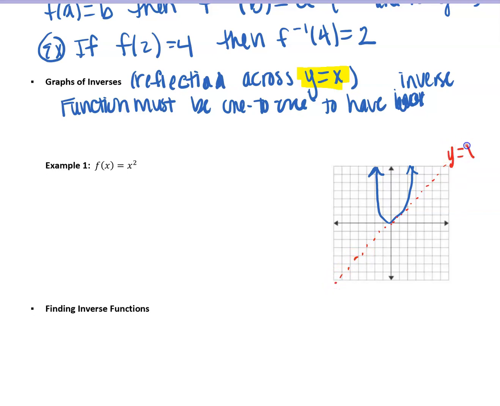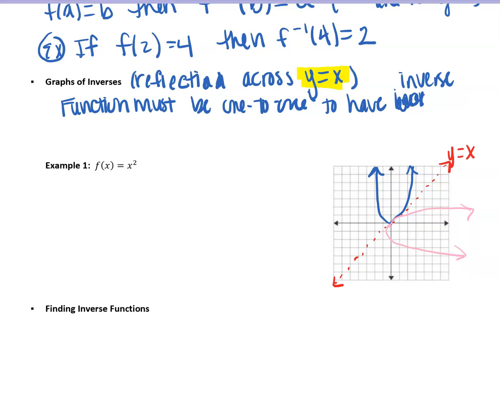Here's y equals x. Again, those parent functions are coming in handy. So if I were to reflect that over, it would look something like this. Now, here's the problem. When I reflect it over, and if I were to do my vertical line test, this would not be a function. It would fail the vertical line test.